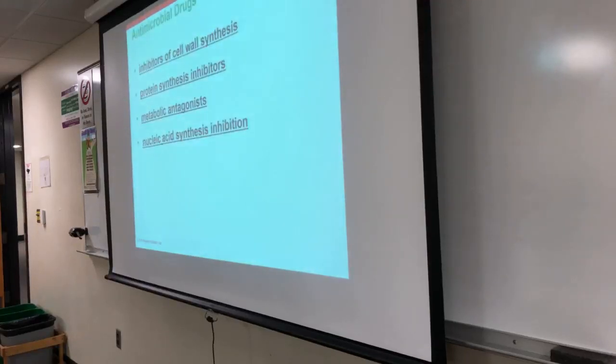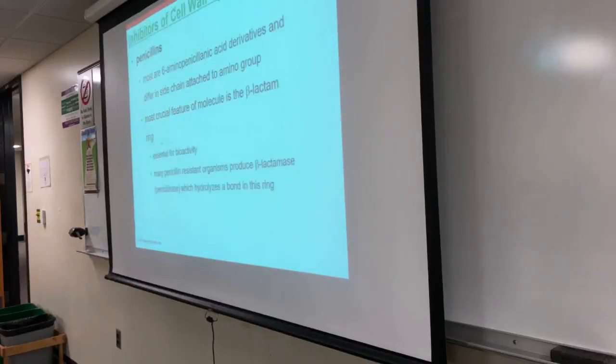Okay, here we go. We're talking about different types of antimicrobial drugs, different types of antibiotics. You should know that some antibiotics act on the cell wall, some act on protein synthesis, some act on metabolism, and some act on nucleic acids. So penicillins, I would want to know about penicillins. I want to know that they act on the cell wall.